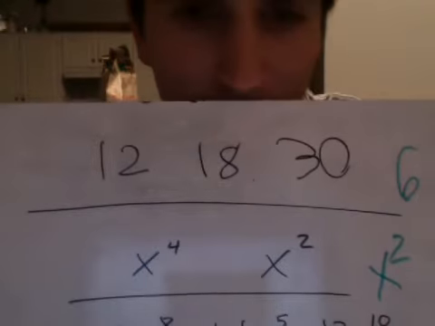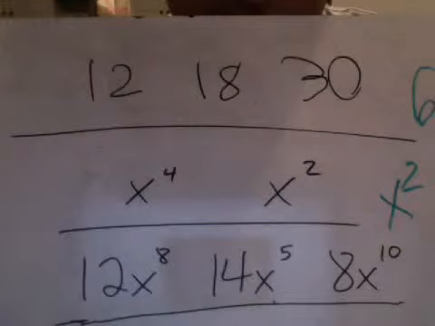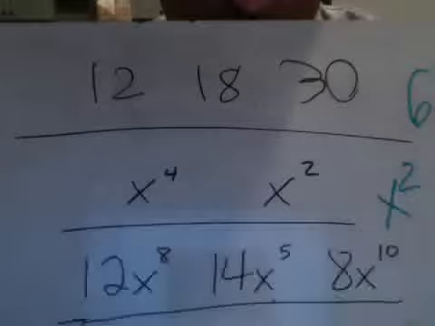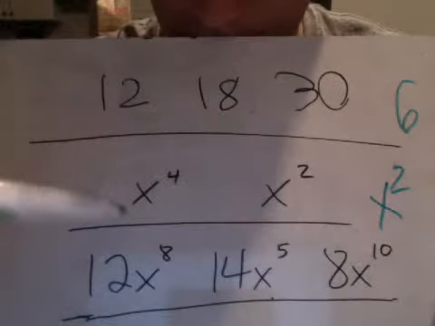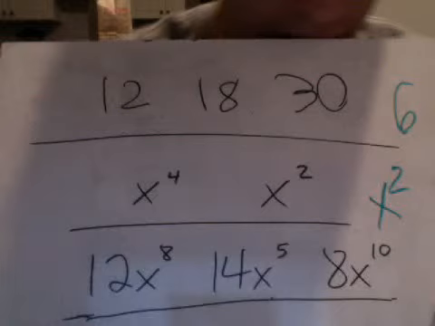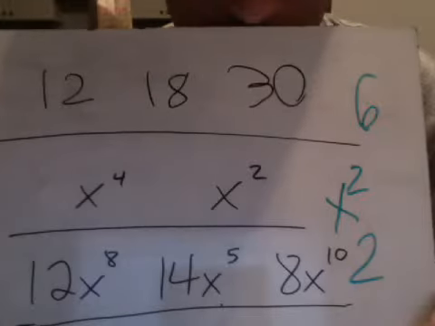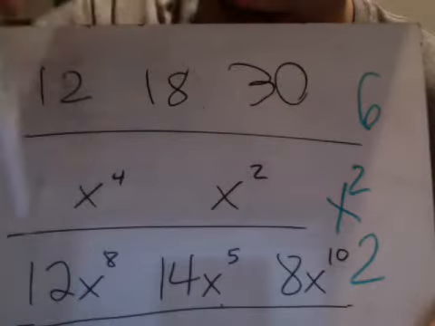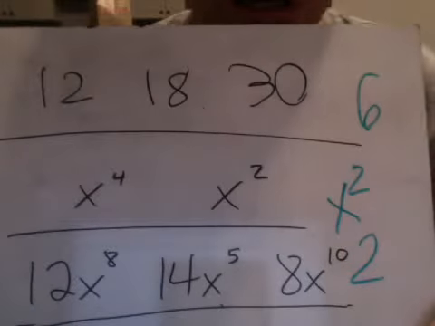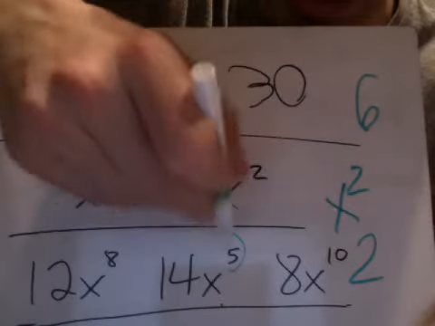Okay? So, as you go to more complex ones where they have numbers and variables, do your numbers first. So the biggest number that will go into 12, 14, and 8 is going to be 2. And then as I look at my variables, I choose the one that has the smallest exponent.